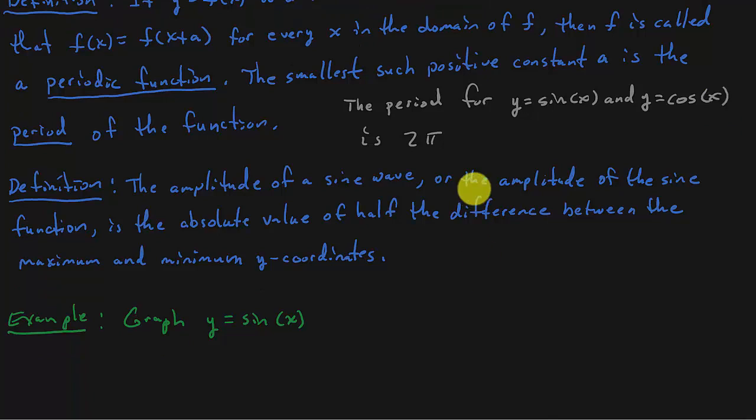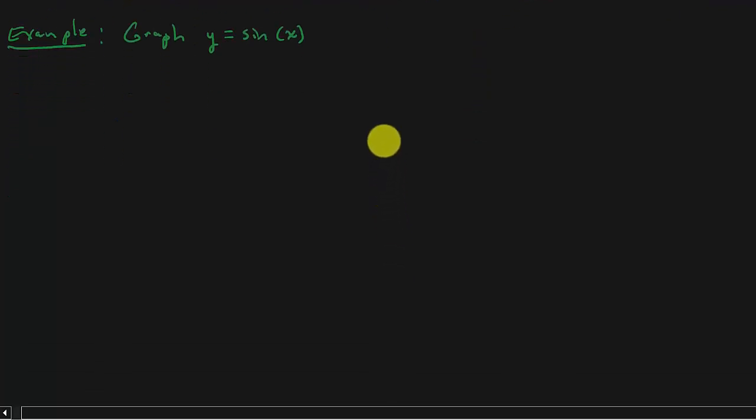All right, so to graph these things, this right here is just the basics of graphing sine, and we'll do the same thing with cosine in just a minute. This is so important because if you get this, then you'll be able to graph anything. So let's graph this thing over one period.